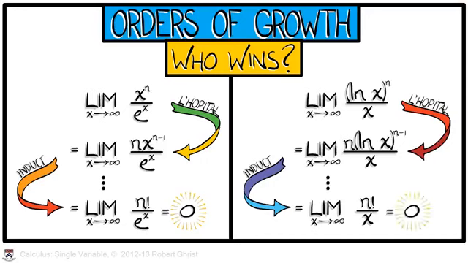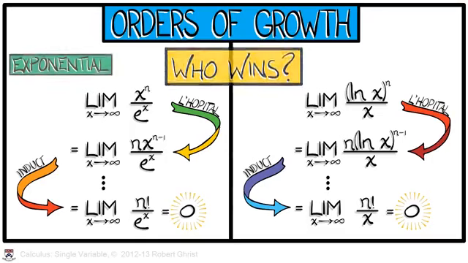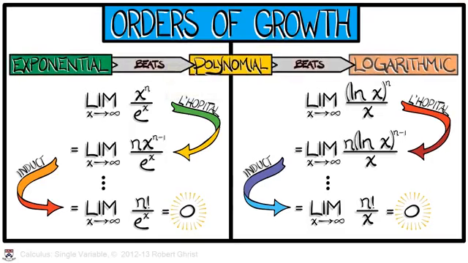This, too, goes to 0, which means that linear growth is faster than logarithmic growth, even logarithmic growth raised to a power. Now, put these together, this means that exponential growth beats polynomial growth, beats logarithmic or even polylogarithmic growth.